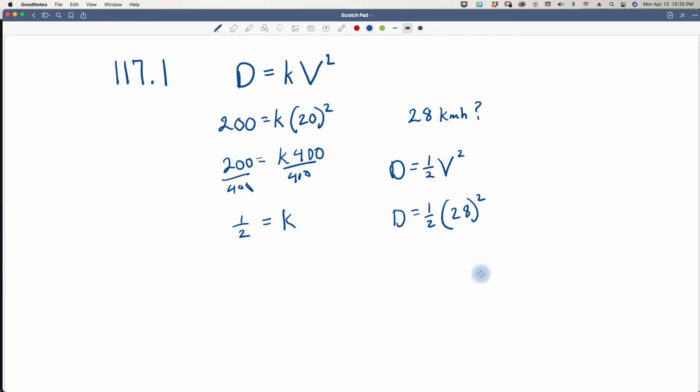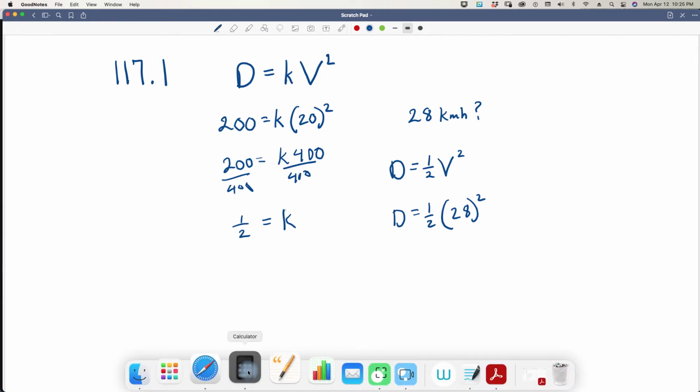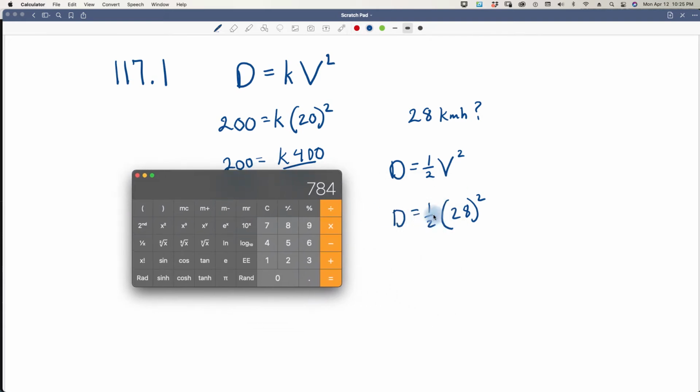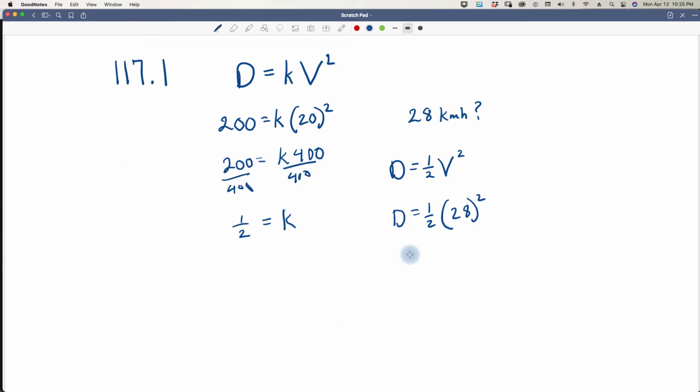All right, so I need a calculator. 28 times 28 is 784, and we need half of that. So 784 divided by 2 is going to be 392. So the distance is 392 meters.